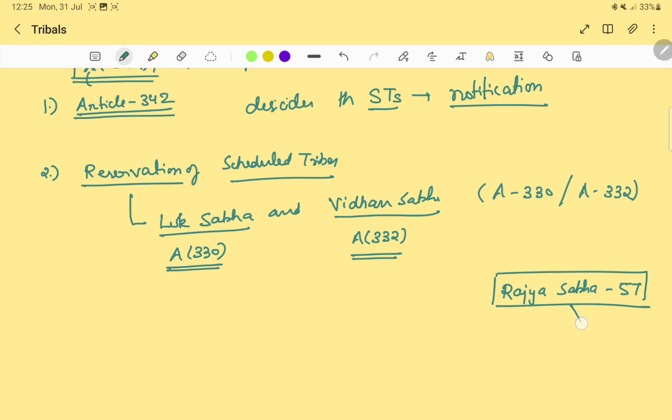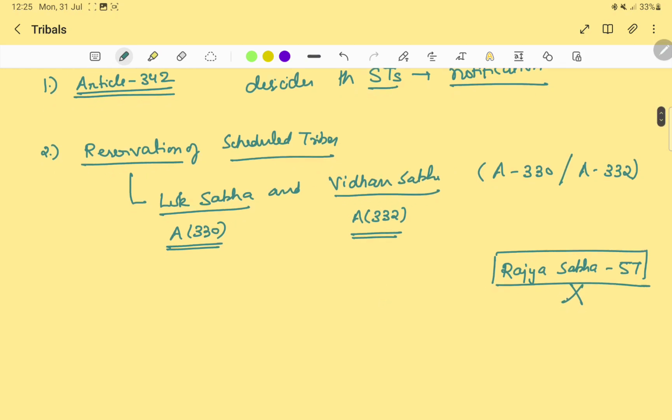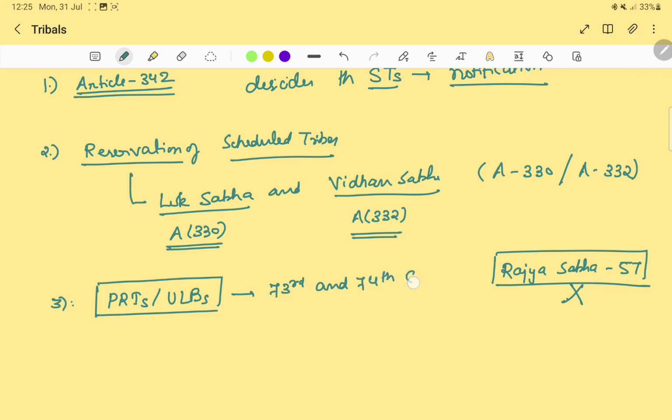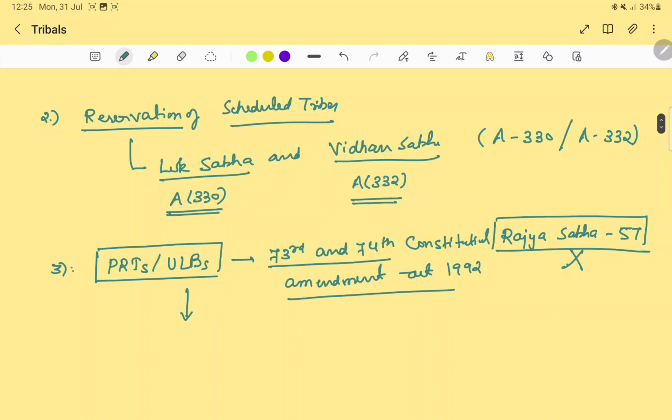Now you can also look into other provisions. They also have reservation in the Panchayati Raj institutions and urban local bodies. It was given through the 73rd and 74th Constitutional Amendment Acts of 1992, in the Gram Panchayats and also in the urban local bodies.